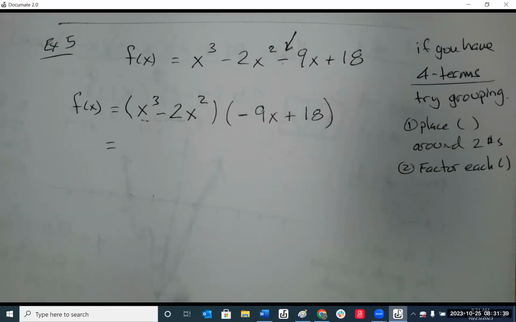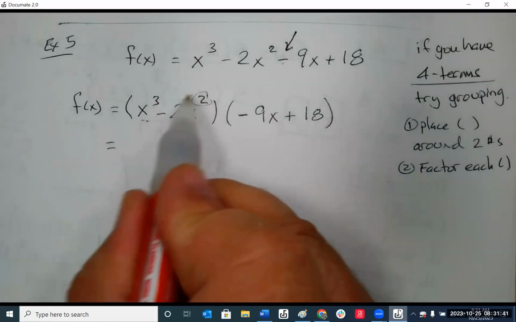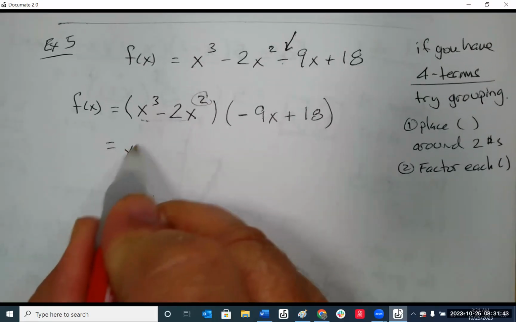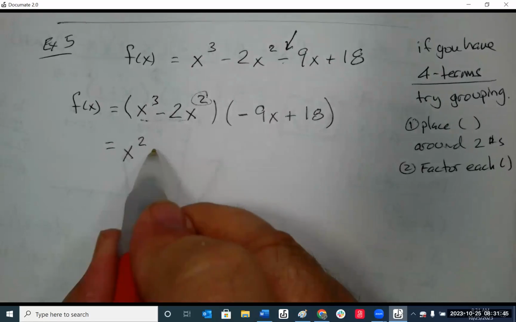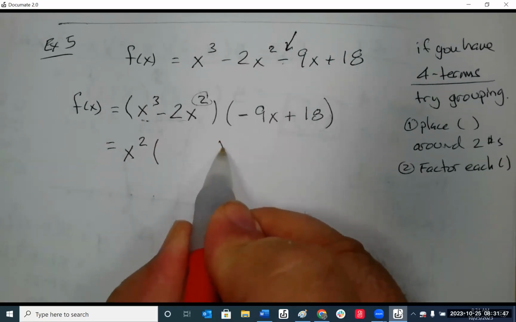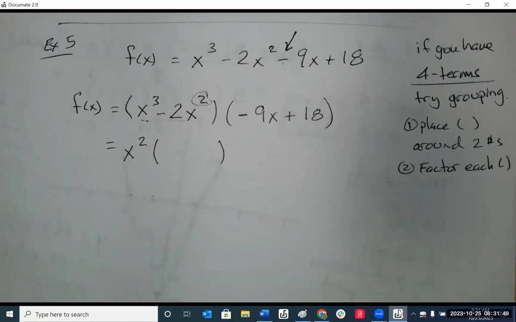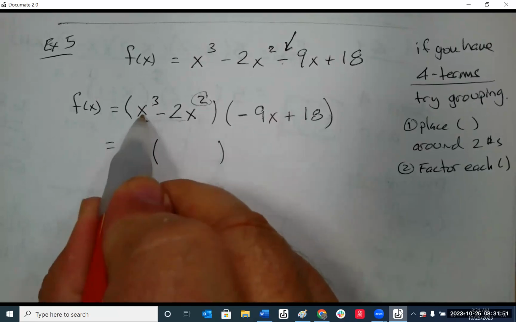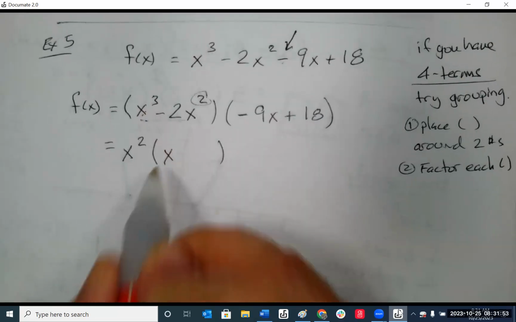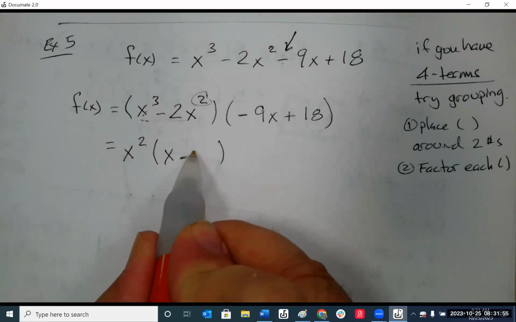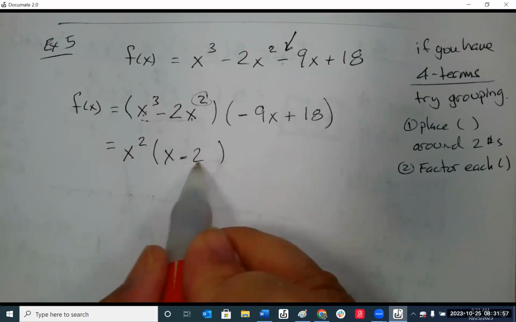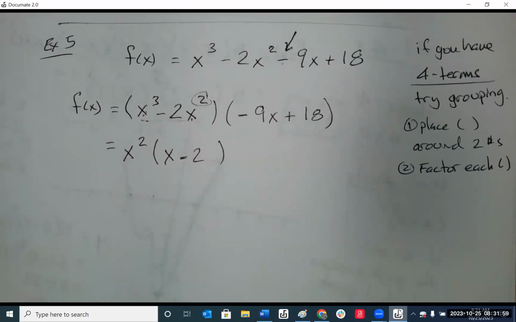They both have at least 2 x's. They have the x, but there's 2 x's in common. So if I took away 2 x's from here, I only have 1 left. If I took away those 2, it's just the 2 that's left.